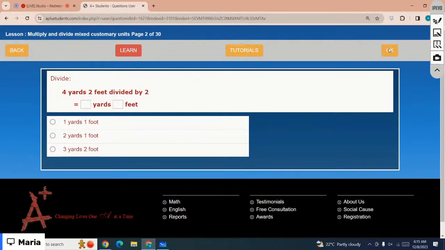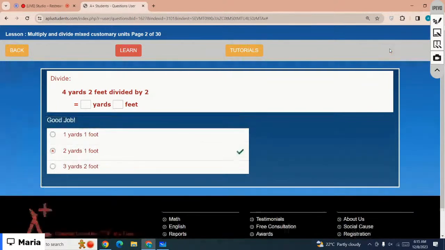Yes, the correct option is 2 yards, 1 foot. You have to divide them. 2 yards, 1 foot is the correct option.